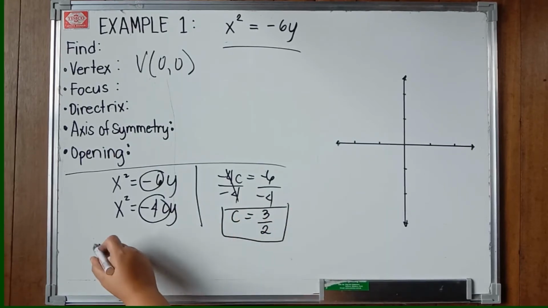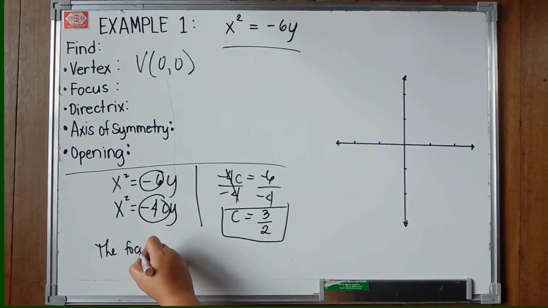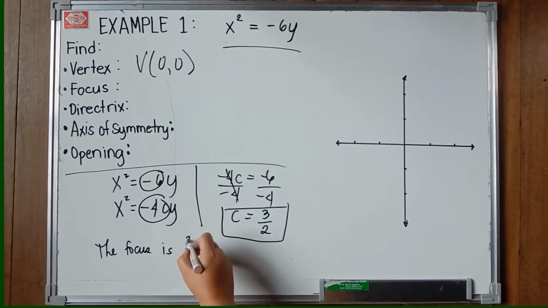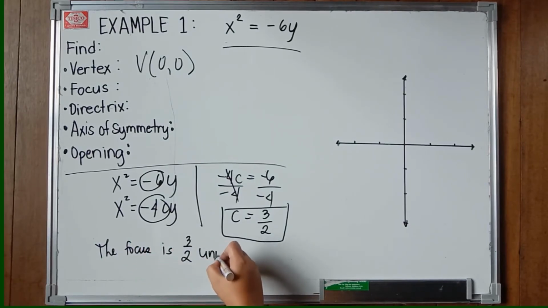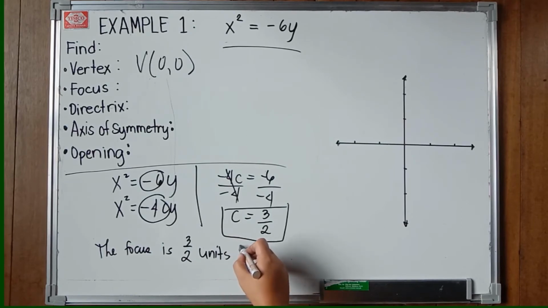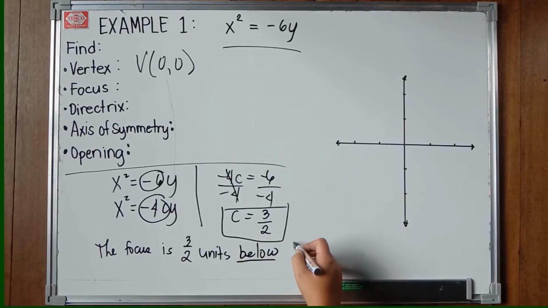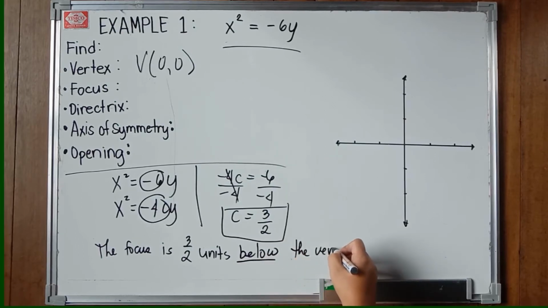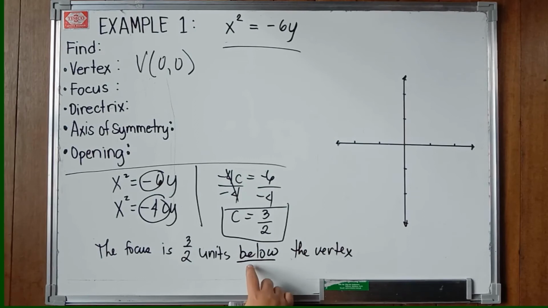This is now our distance from the focus to the vertex and from the vertex to our directrix. This means that the focus is 3 over 2 units below. Bakit below? Because our parabola is facing downward, below the vertex.